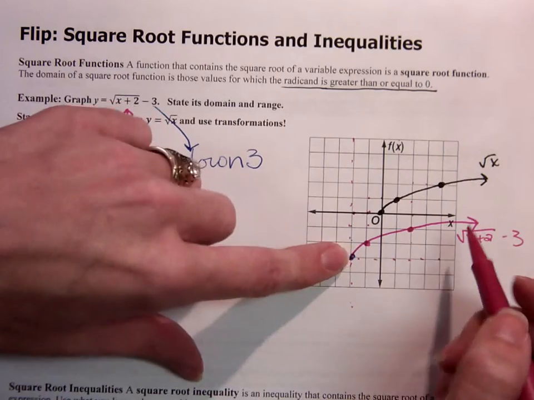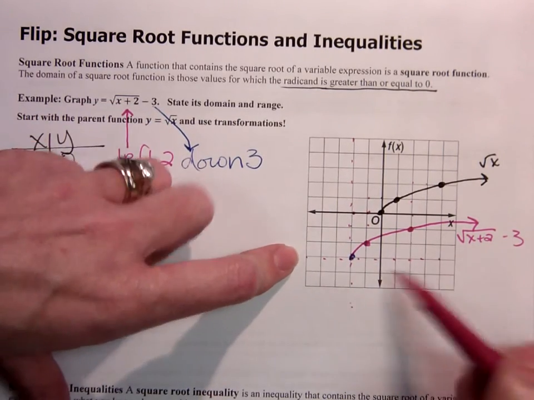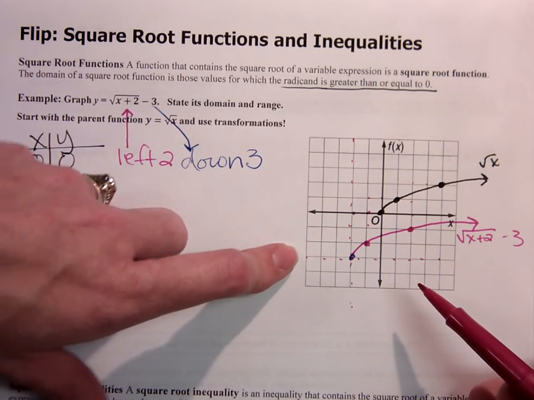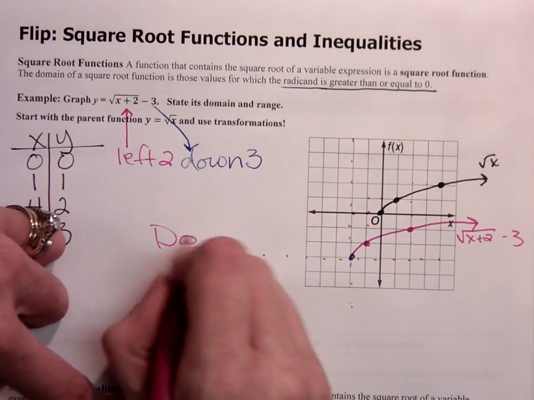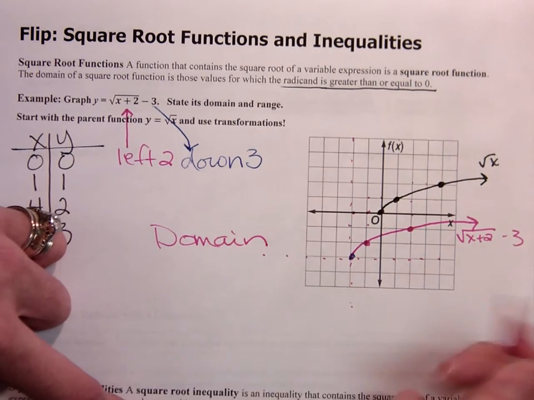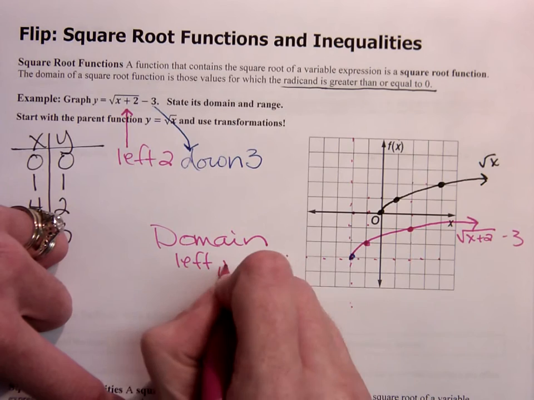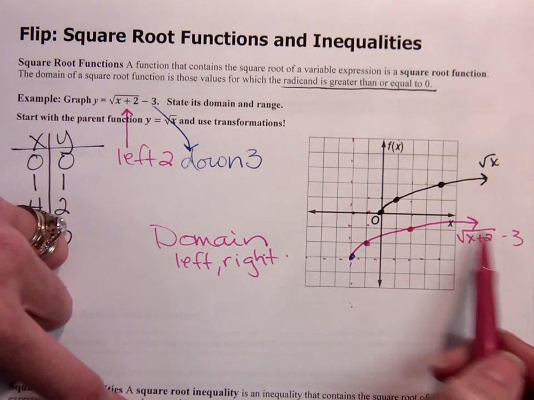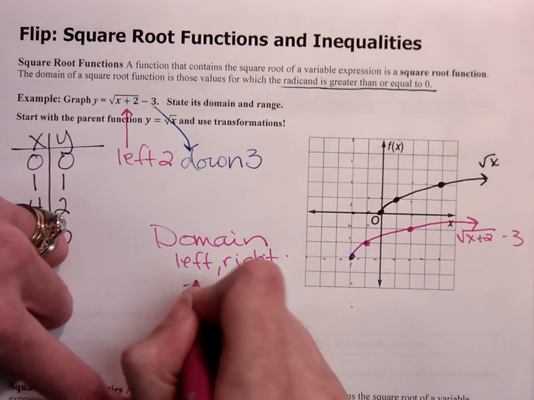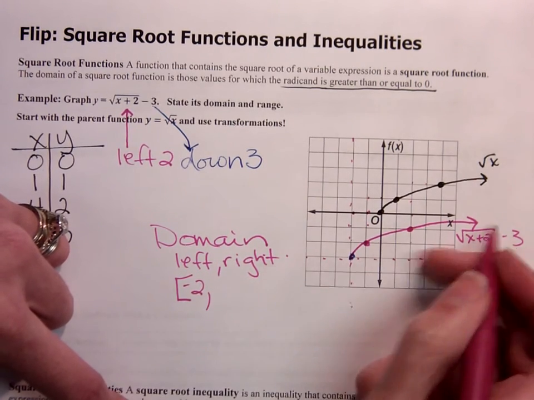Now, from here, my domain and range. And because I lightly put these axes in here, it's a lot easier to tell what my domain and my range are going to be. My domain, remember that's from left to right, because it's always minimum to maximum. So if I go all the way to the left, it's at -2. There's a point there. To the right, it's infinity.